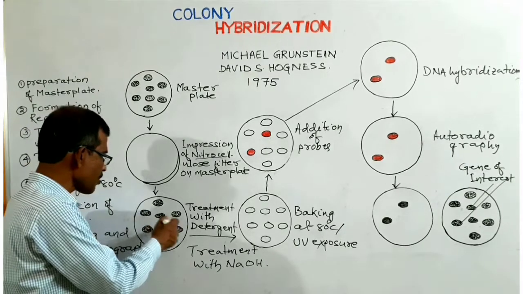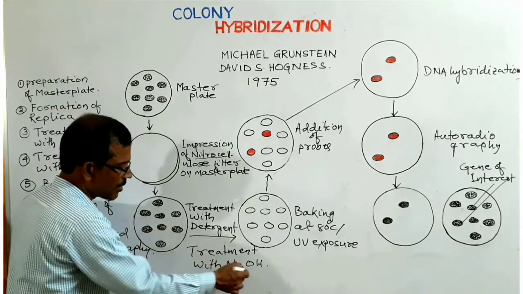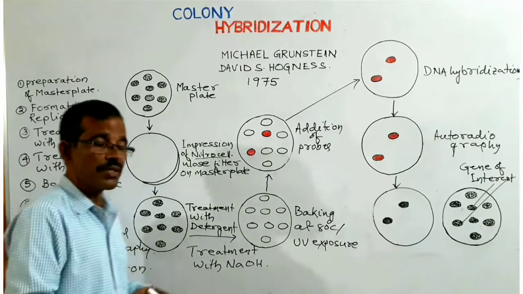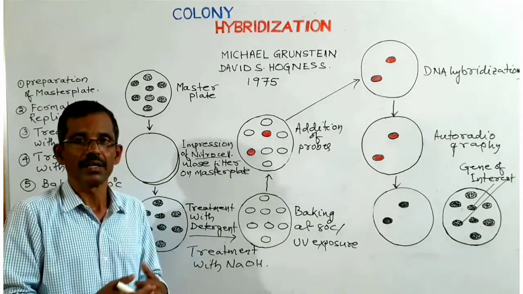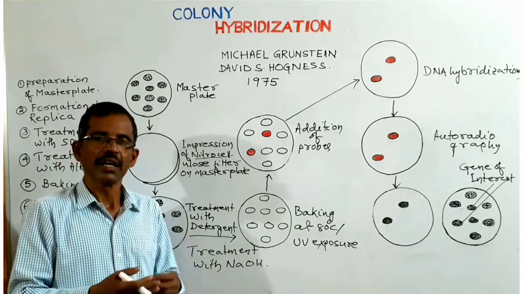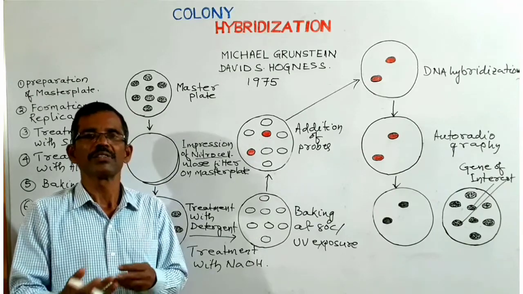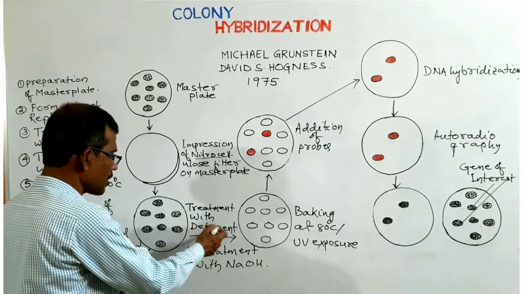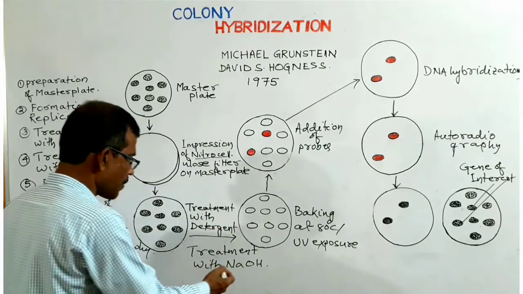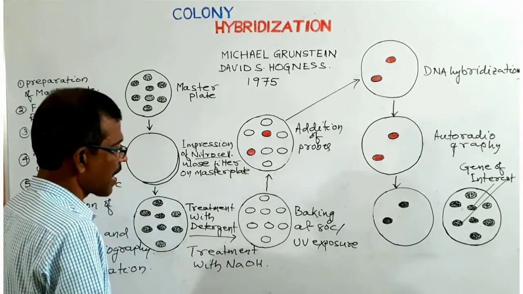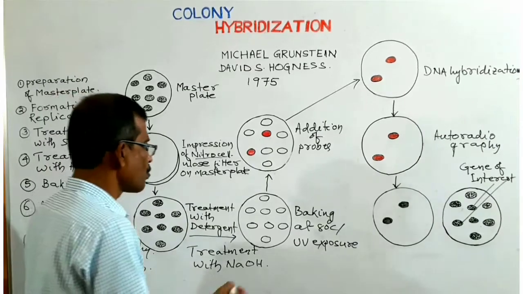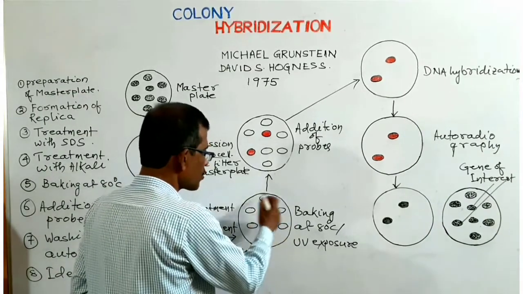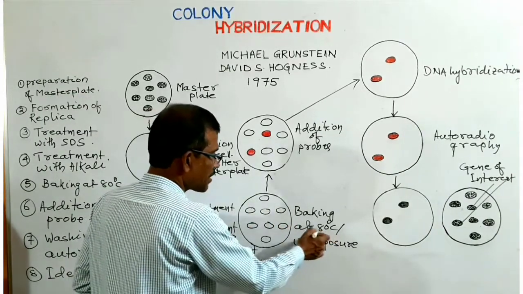Treatment of the lysed colonies with sodium hydroxide will cause denaturation of DNA, so that the DNA will be converted into single stranded form. After treatment with SDS and sodium hydroxide, the next step is to bake the nitrocellulose filter at 80 degrees centigrade.